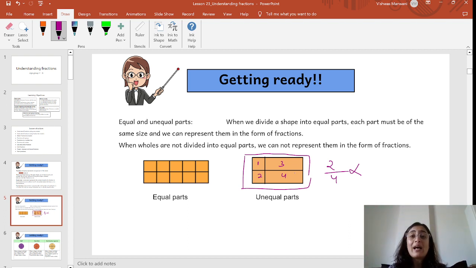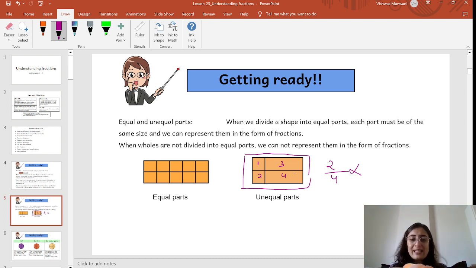Okay, so if I asked you what fraction of the oranges is finished, it becomes 1 by 4. Okay, but similarly, if I ask you what fraction of the oranges is left with me, then what would you say? Yes, very right. Then the fraction becomes 3 by 4 because 3 oranges are left out of the total 4 oranges. So this is how fractions are very helpful to us.